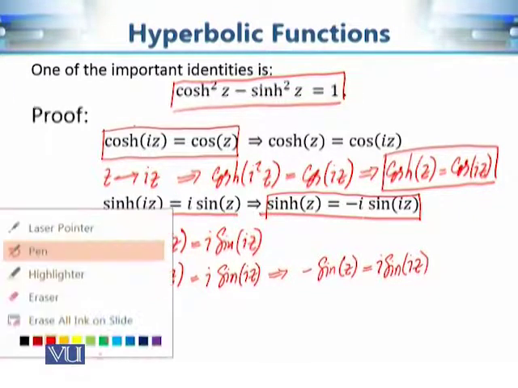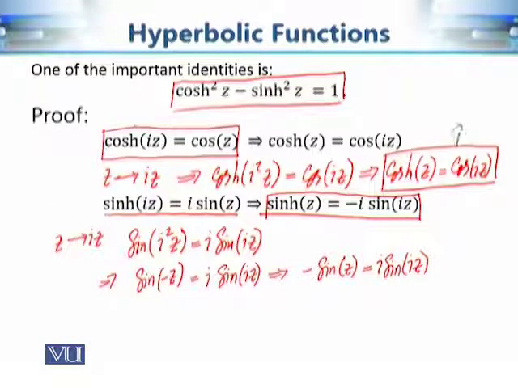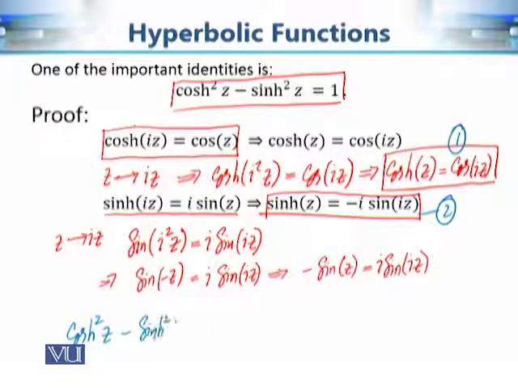Okay, now using this first property and the second property, we can see that on right hand side we have cosine iota z and sine iota z. So let's calculate cosine hyperbolic square z minus sine hyperbolic square z.